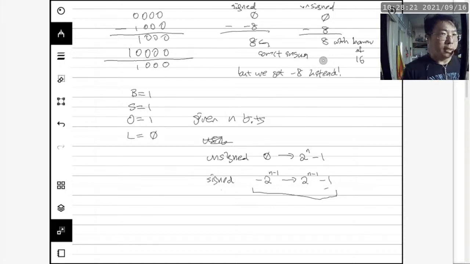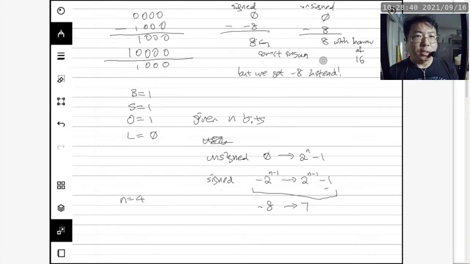All right. So I'll give you one more example and then I'm done with this discussion. When n equals 4, then in the signed interpretation, we can range from -8 to +7. So anytime you have a subtraction where the result is more negative than -8 or more positive than 7, we have an overflow. I'll give you 2 examples where that can happen.